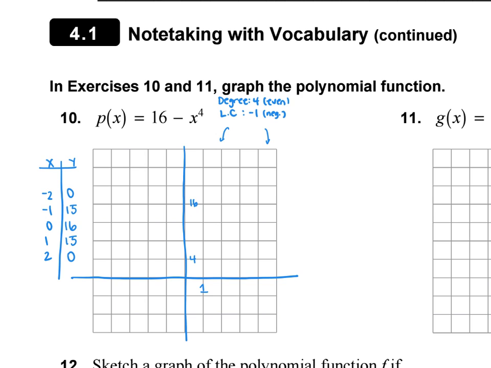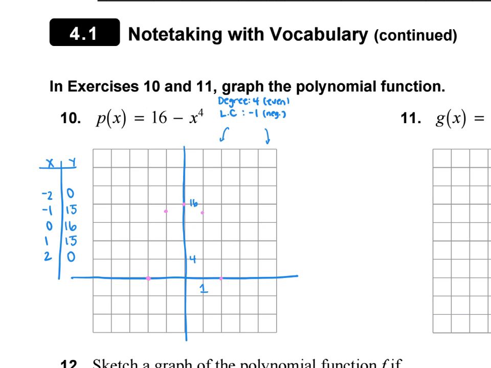And let's go ahead and plot these points. Negative 2, 0, negative 1, 15, 0, 16, 1, 15, and 2 is 0.